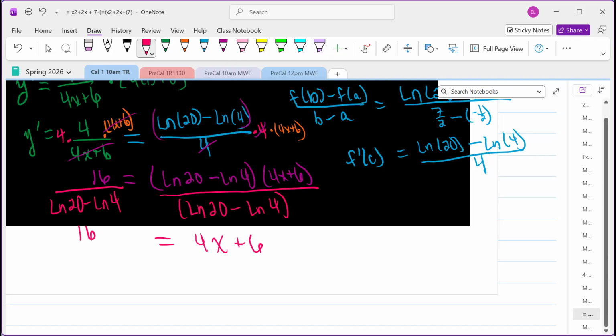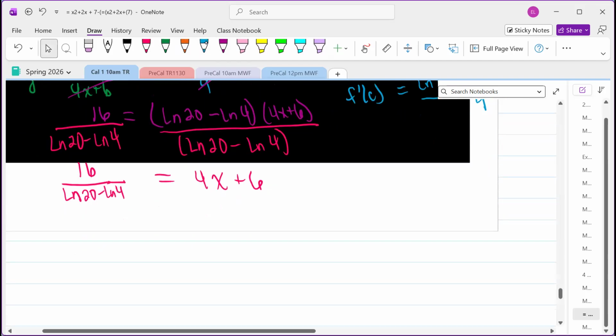And the left side is this weird, stupid looking fraction. So now I would minus 6 on both sides.